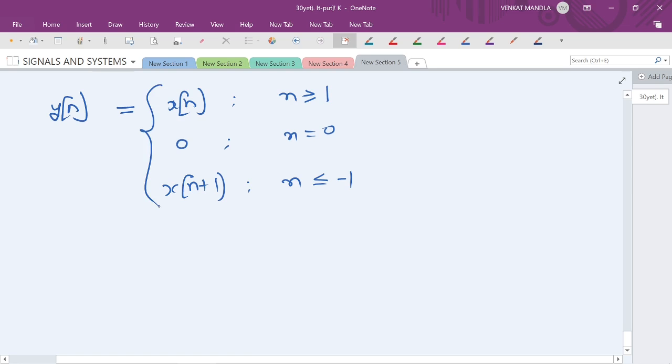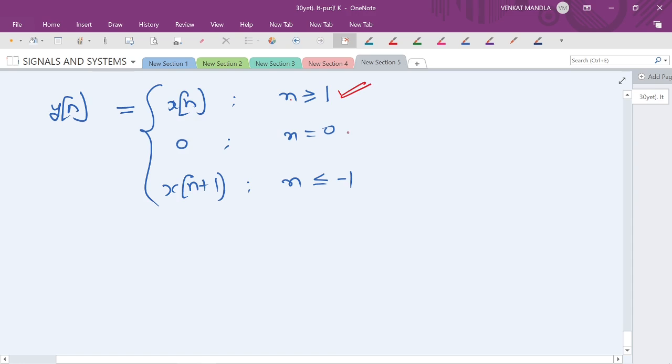We'll solve this eighth one. For n greater than or equal to 1, y[n] equal to x[n]. You have to check only for n greater than or equal to 1, that is 1 to infinity: y1 x1, y2 x2, y3 x3, y4 x4, and so on. So the present output depends on present input only. There are no future inputs for n greater than or equal to 1.